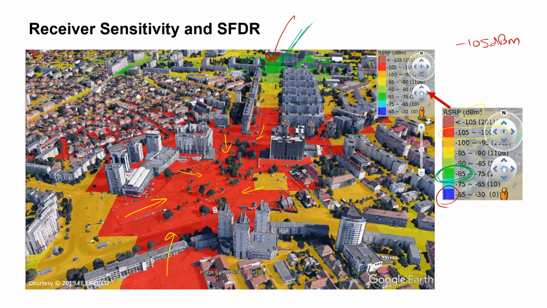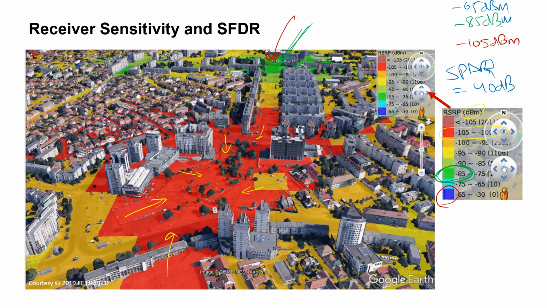So I am getting minus 85 dBm at one level, and perhaps there is some area where I am getting exactly minus 65. So my maximum value is minus 65 dBm, sorry. So my spurious free dynamic range is almost 105. 65 is 40 dB.